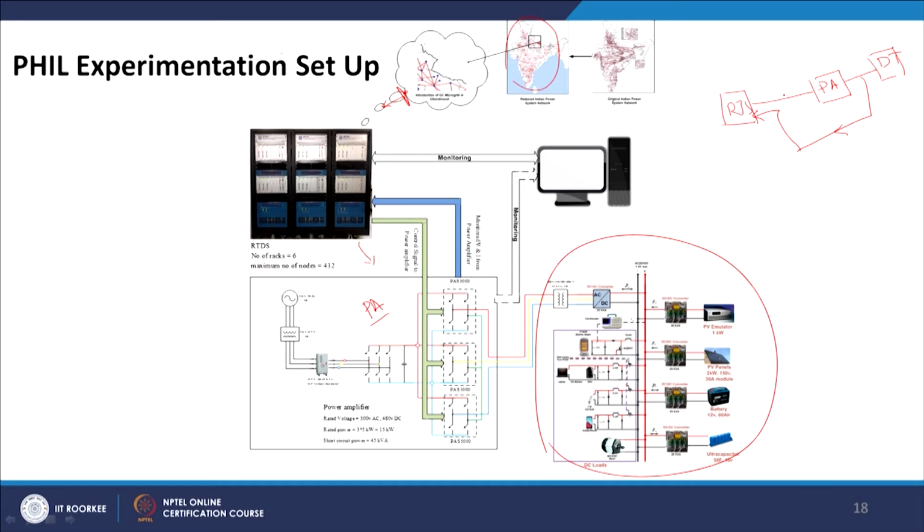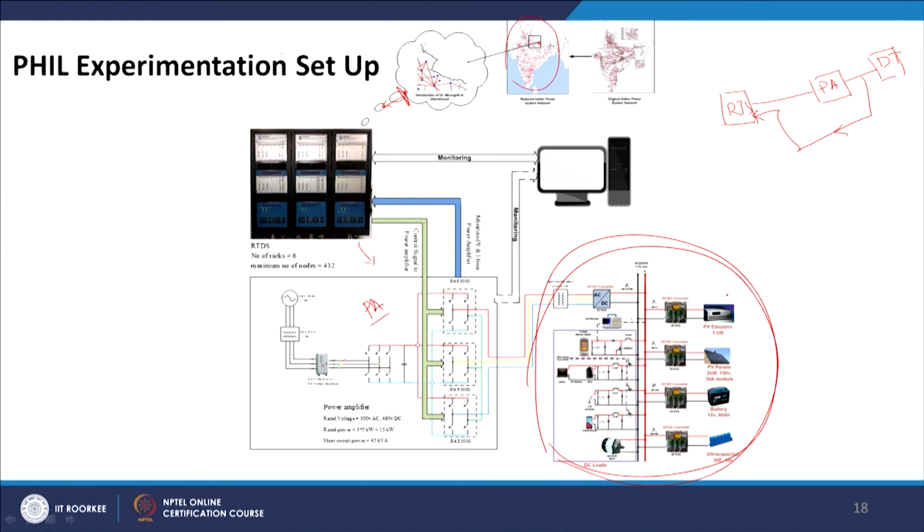And I am not focusing here on the conversion from digital to analog and further analog to digital before giving back to my RTDS. Now, this is the test bed which represents my device under test, and this is what my amplifier looks like, and this is what my simulator is all about.